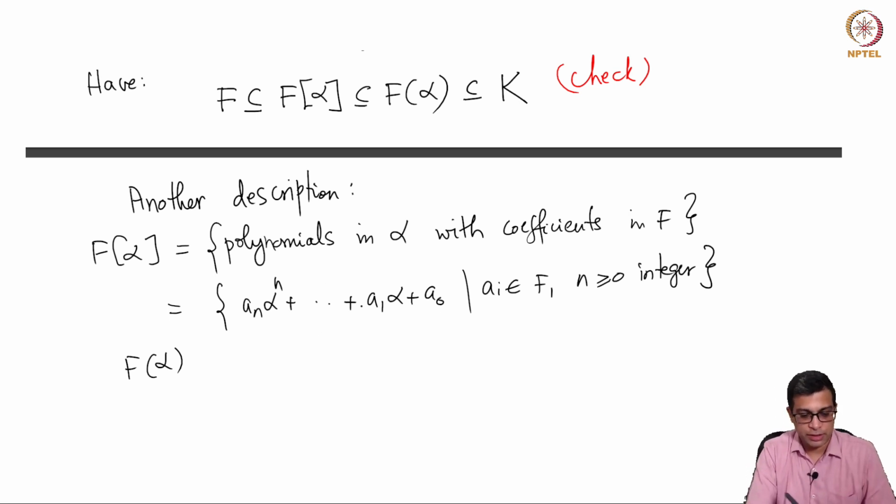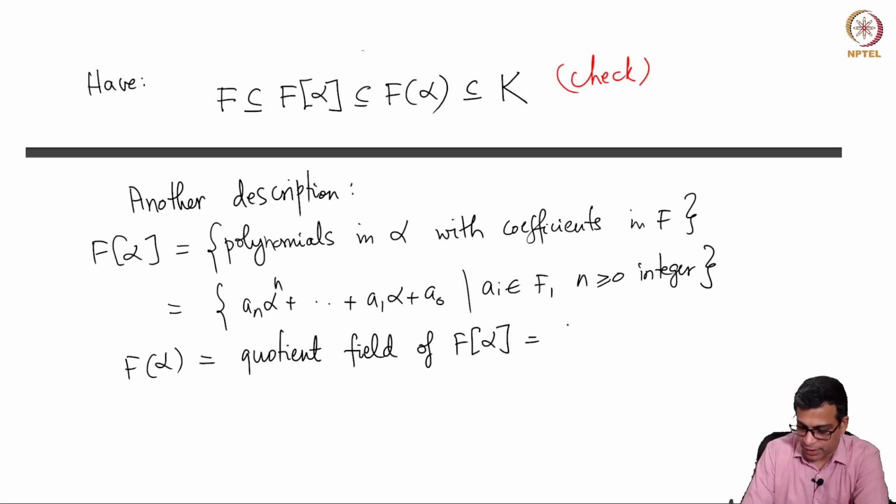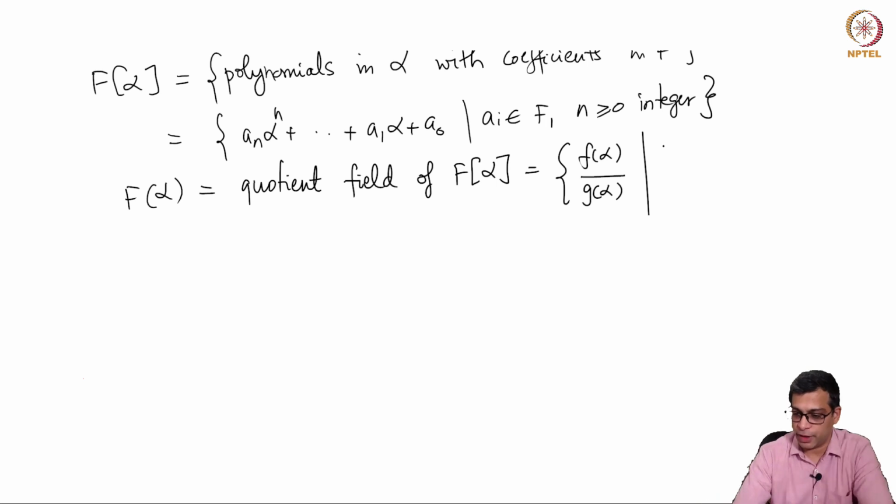So this is the smallest subring containing this, and this is the quotient field of F[alpha]. Okay, this is in fact ratios of polynomials. So these are f(alpha) divided by g(alpha), where f and g are in F[x].